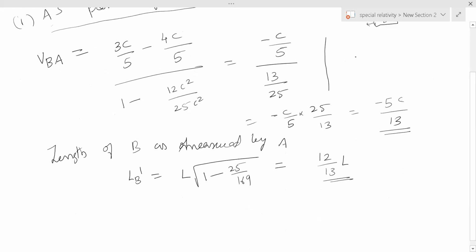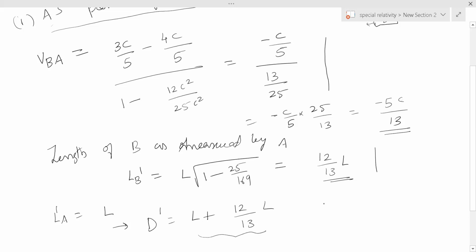And what's the length of A as observed by A? That would be L itself, right? Because A is at rest. So L A prime is equal to L itself. We are talking about the length of A with respect to A. So the total distance that the train has to traverse, let's write it as D prime, is equal to L plus 12 by 13 L. This is the total distance for overtaking as observed by A. Is this clear?